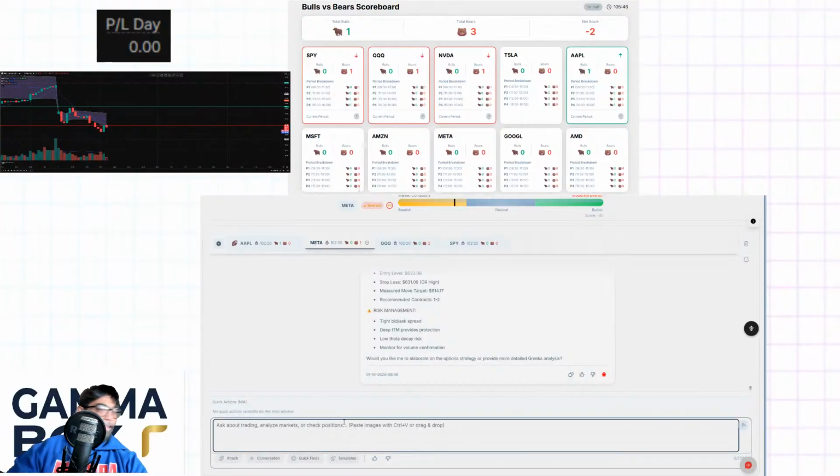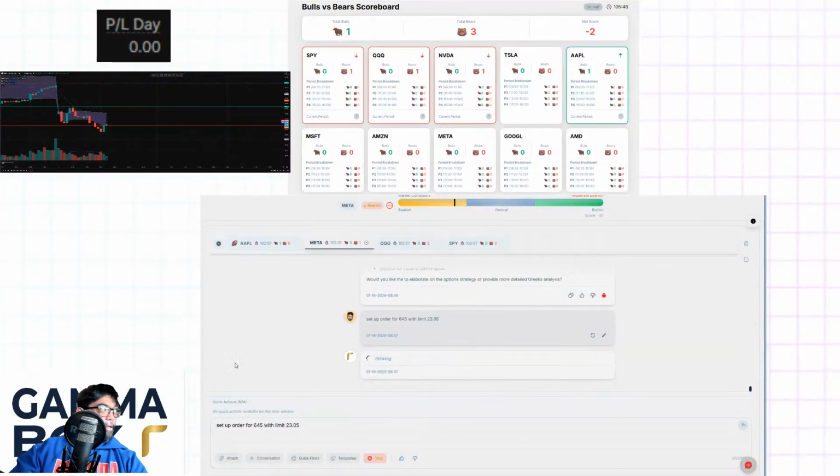I kind of want to see the order, the setup order. This is something I'm still working on right here, is the ordering.